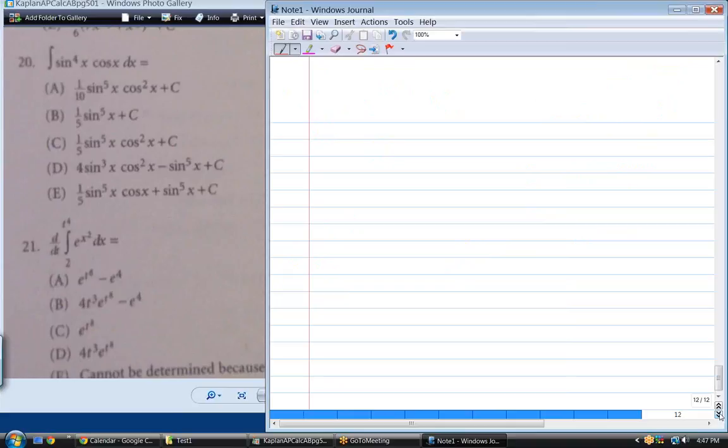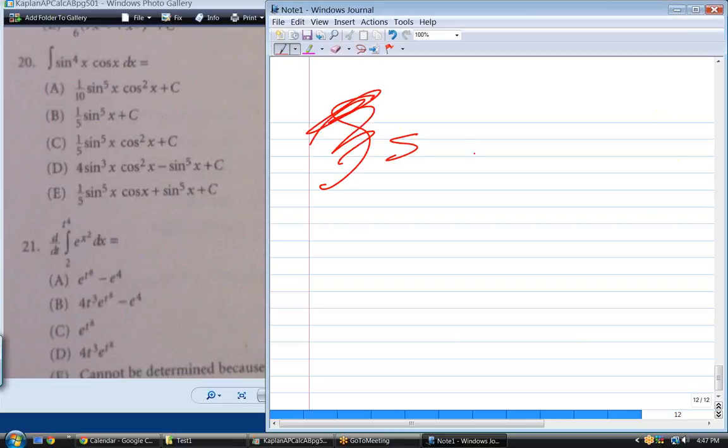That's exactly the example I gave you. In other words, we're looking at a situation where the derivative of the inside is cosine x. We know that derivative will end up in the denominator, taking out that cosine x. So I don't even have to go through the u-substitution here, because all I have to do is use the power rule on that.